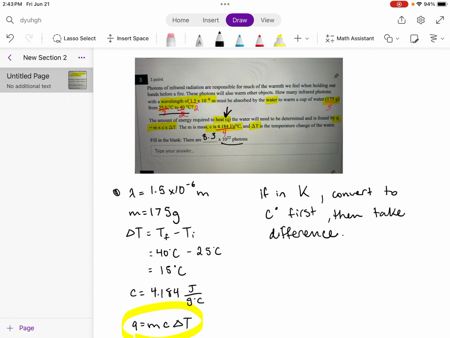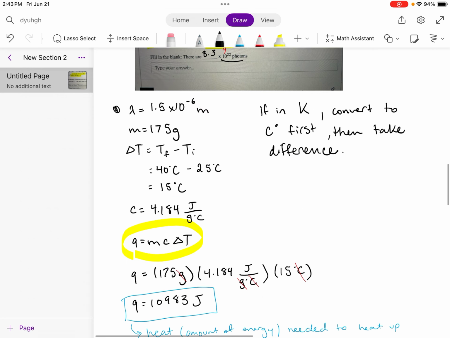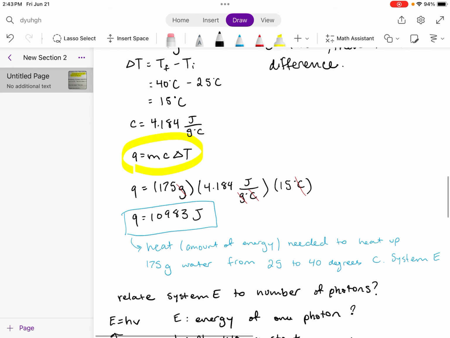And yeah, let's walk through what we did again. It was nice that the question led us on. It was like, you're heating up water. How many photons are in that amount of energy, basically? So remember this equation. Remember Q is heat is energy, which is probably in joules, or it could be kilojoules, whatever.